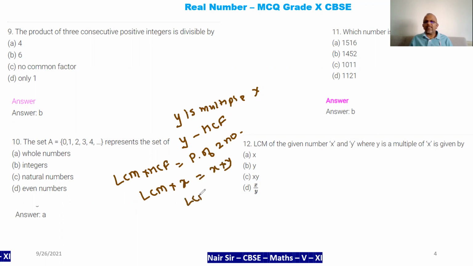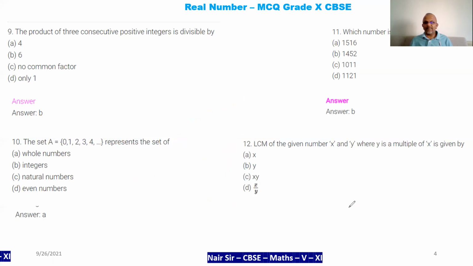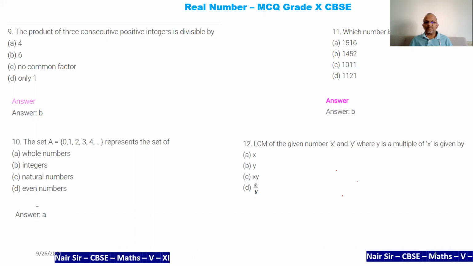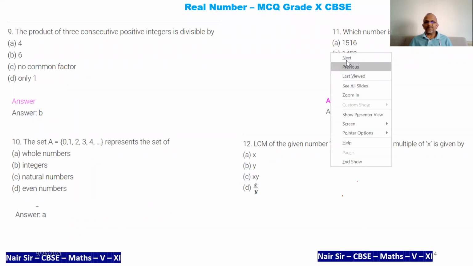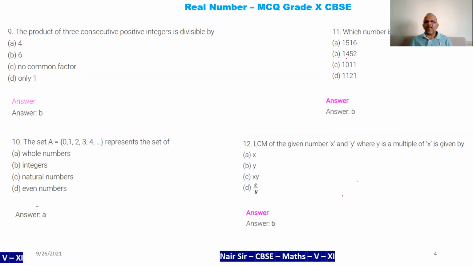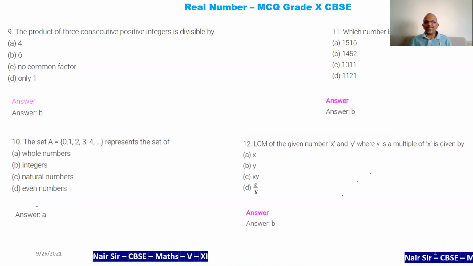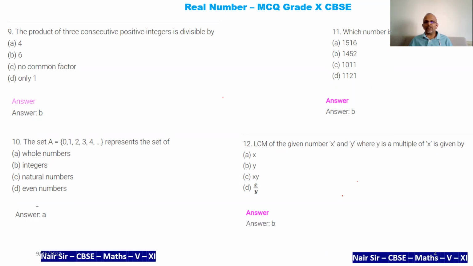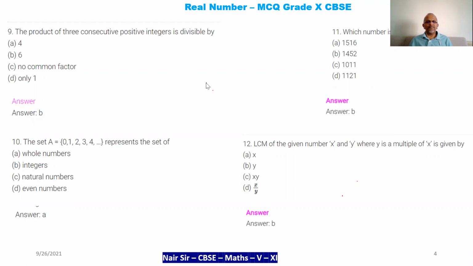So what is the LCM? LCM is equal to xy upon x. x gets cancelled. I am left with y. Answer is y. Okay. Now the last 3 questions in this video.